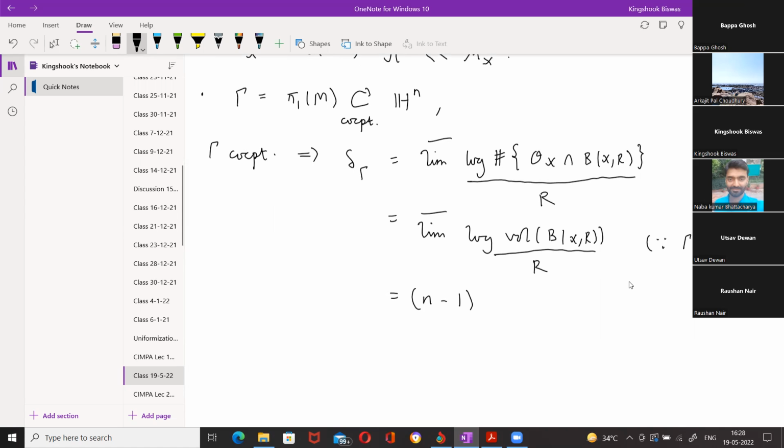Are you with me? Yes. Okay. So therefore, what I get is that my Patterson-Sullivan measure, mu x, is mutually absolutely continuous with Lebesgue measure, right? H n minus 1 is just Lebesgue measure on the boundary of Hn, which is S n minus 1.